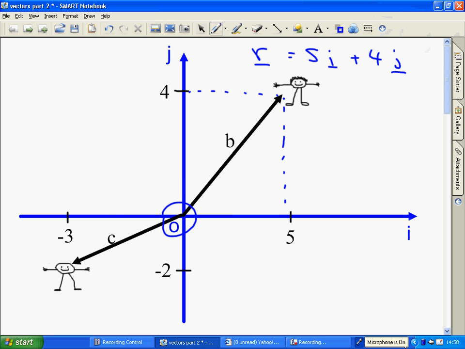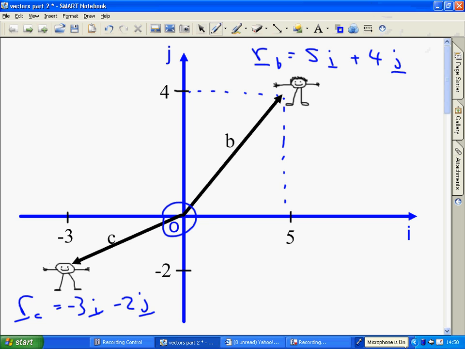Cedric's position vector, to show that that's the position vector of a vector B, we would put a little b there. Cedric's position vector, RC, is minus 3i minus 2j.